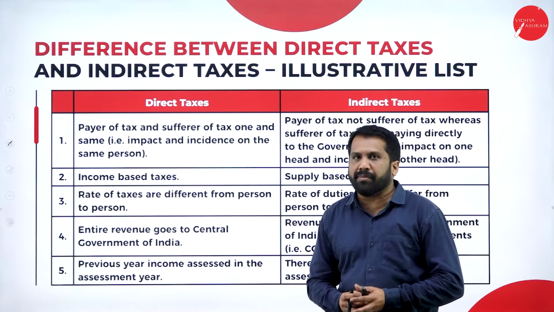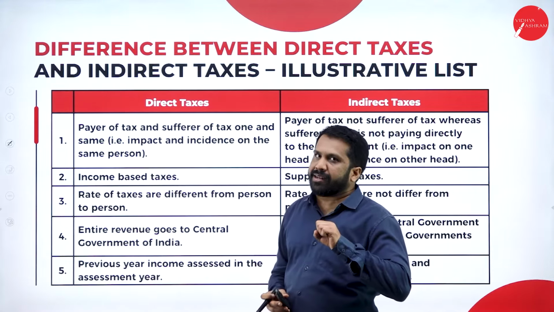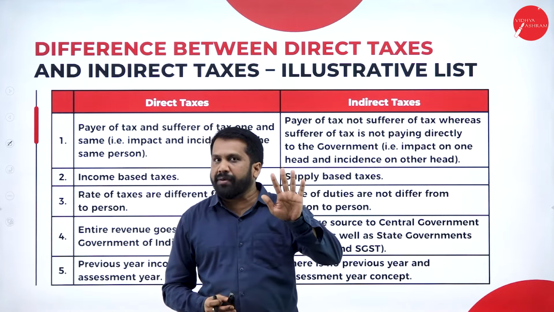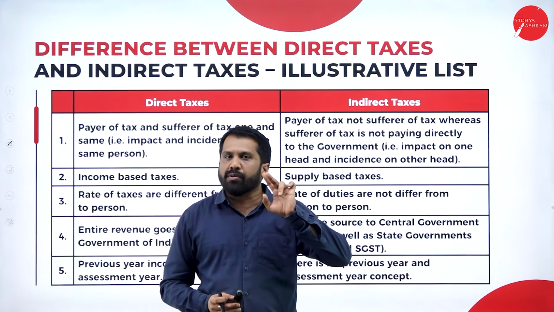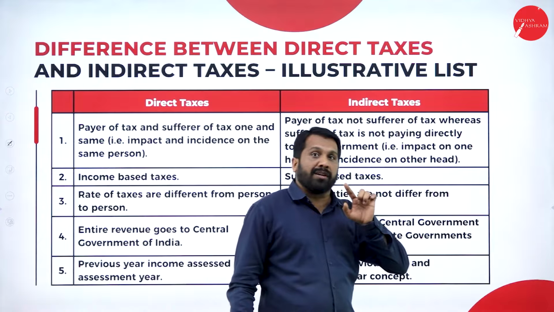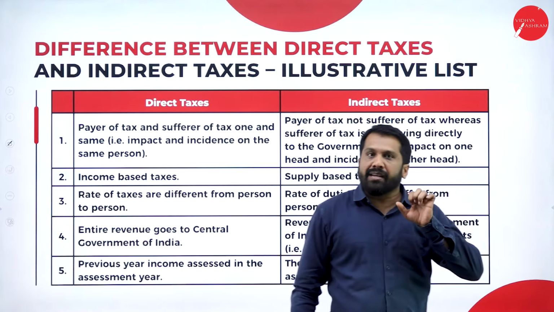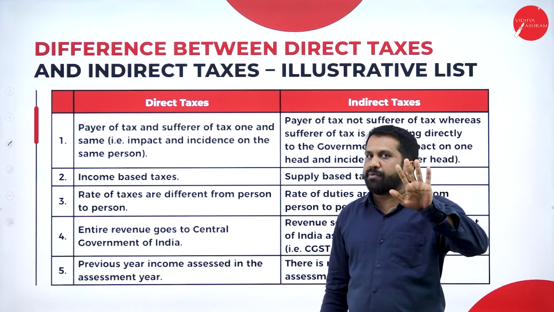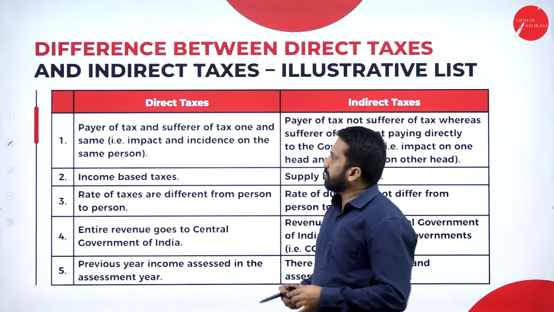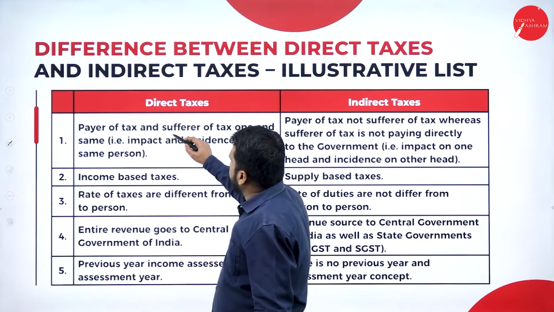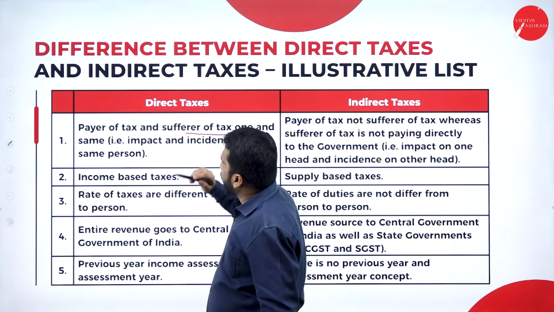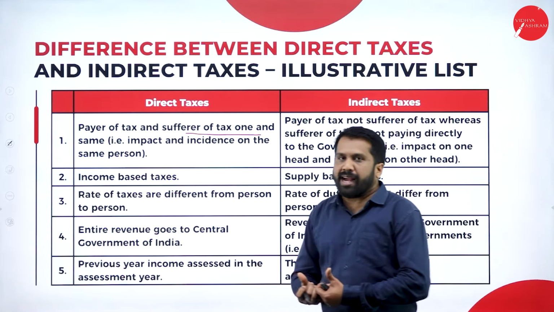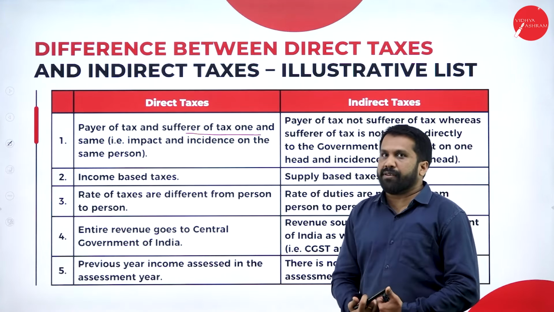Indirect tax, always remember, GST we call it as indirect tax, and direct tax, remember the 5 heads: salary, house property, business or profession, capital gain, and income from other sources. These 5 we call it as direct tax. Now, payer of tax and sufferer of tax are one. See, I am only paying the tax, I am only suffering that.